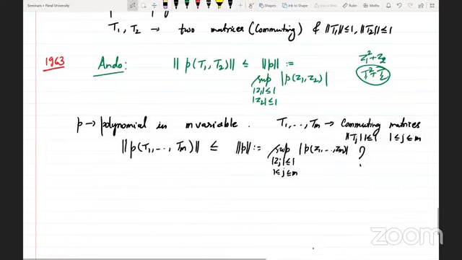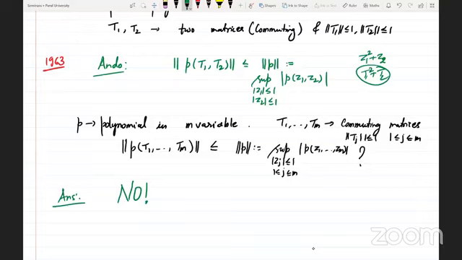The answer is no. It's not true if you go beyond 2. It starts failing at 3, and this answer came in 1975. It was open till then.